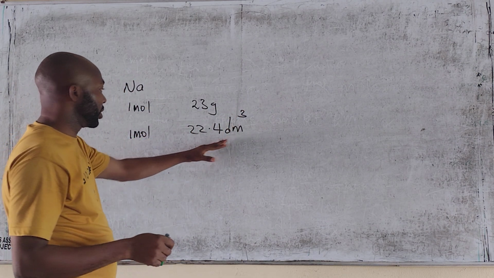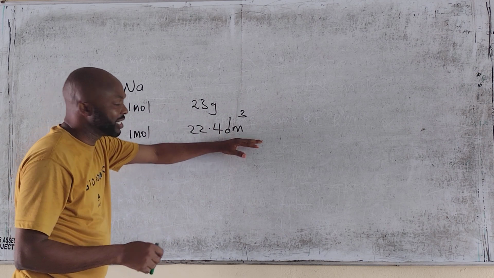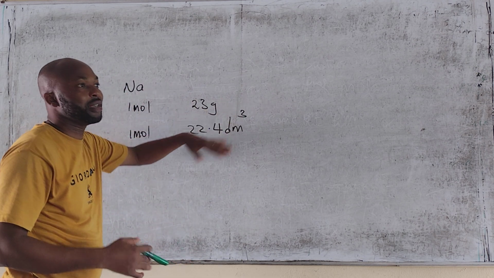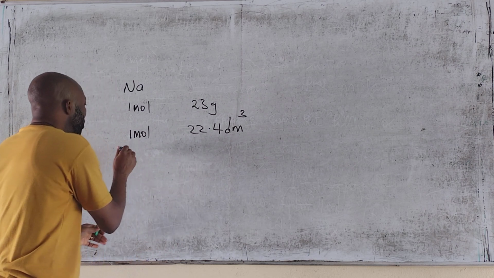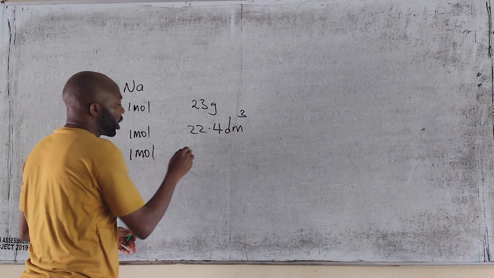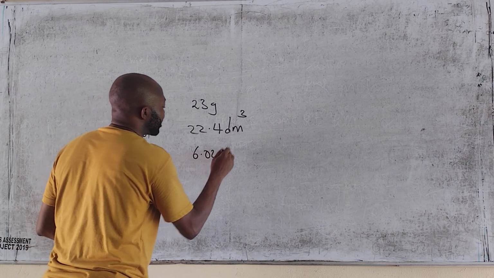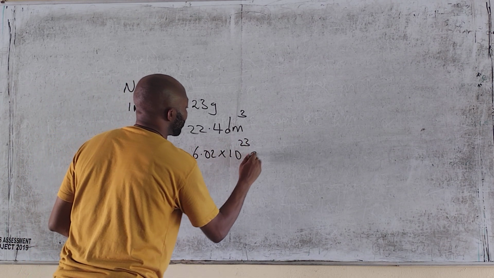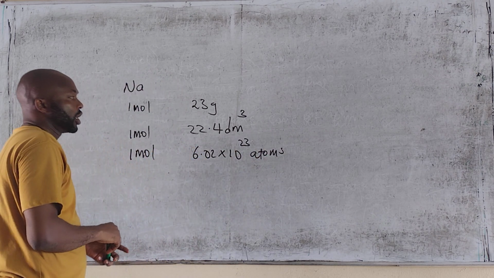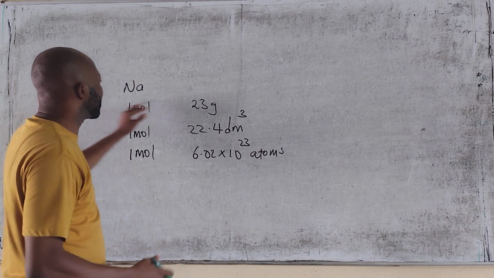That is the volume. 1 mole of sodium is equivalent to this in grams. 1 mole of sodium is equivalent to 6.02 times 10 raised to the power 23 atoms of sodium. So, interchangeably, this is equivalent to this.